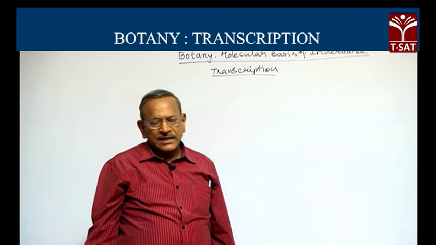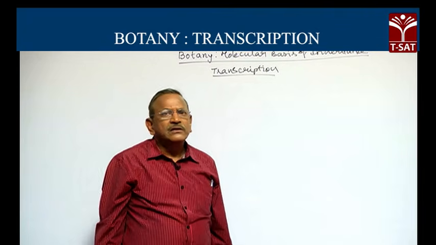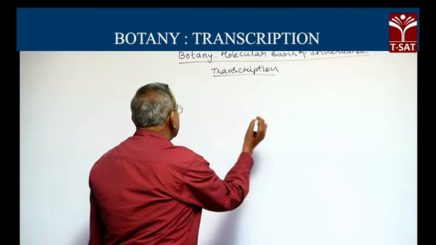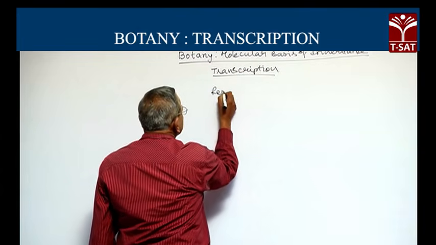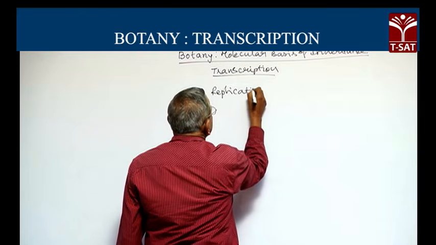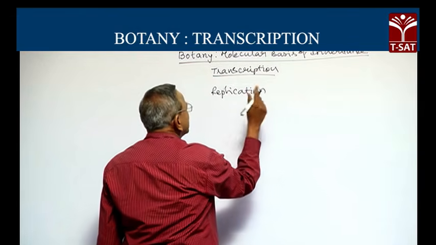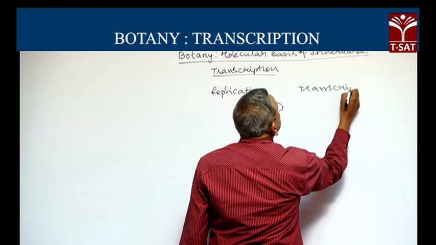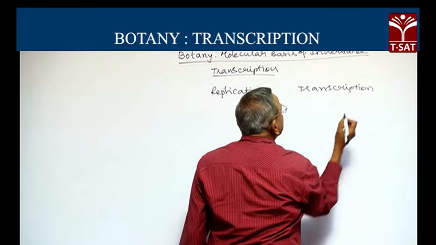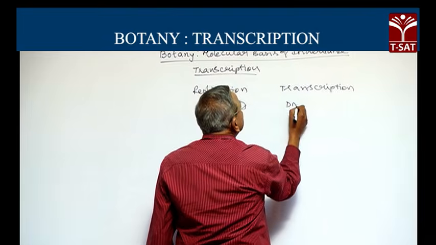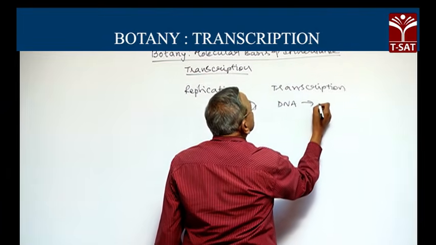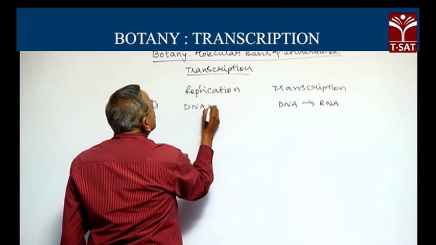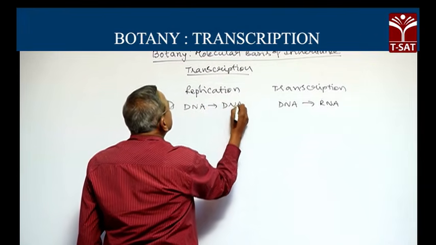Now let us consider the differences between replication of DNA and transcription. About replication, this is synthesis of DNA from DNA, and about transcription, this is synthesis of RNA, DNA producing RNA, and this is DNA producing DNA.